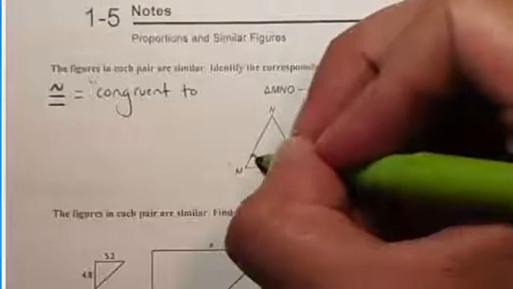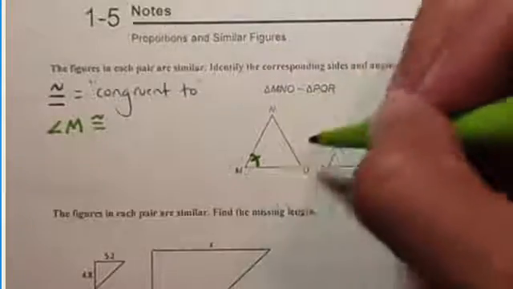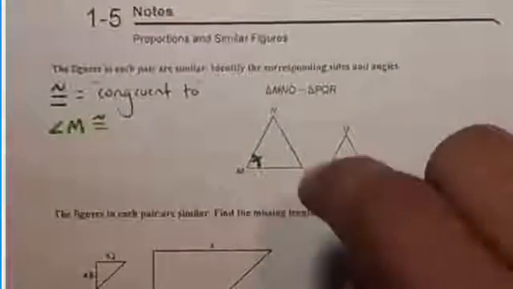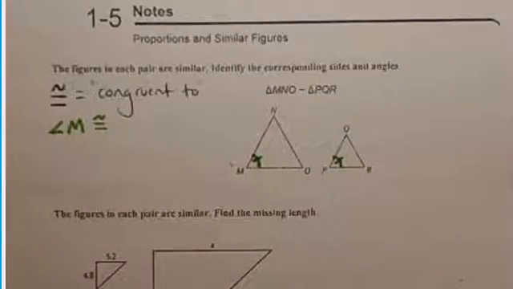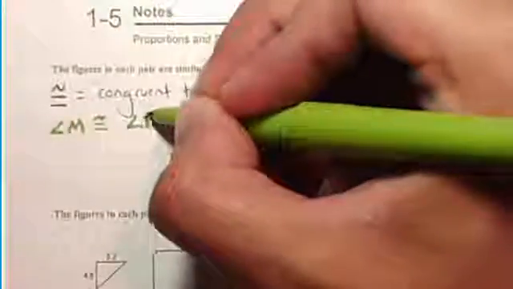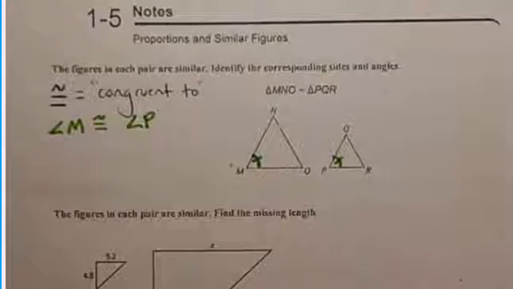So what I like to do first is to pick the angles. If I say angle M, and you write that as angle M is congruent to what angle on this triangle? Since it's the bottom left corner here and they look very similar in their shape, I'm going to say angle M is congruent to angle P. And you can use different colors if you want.